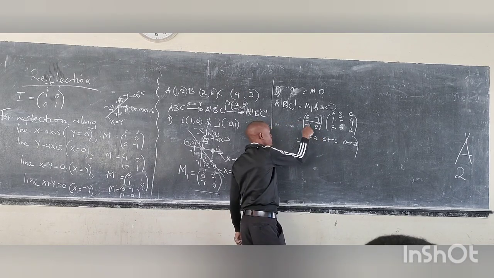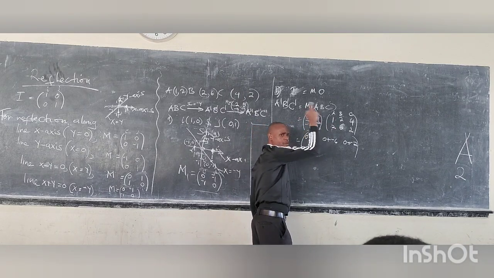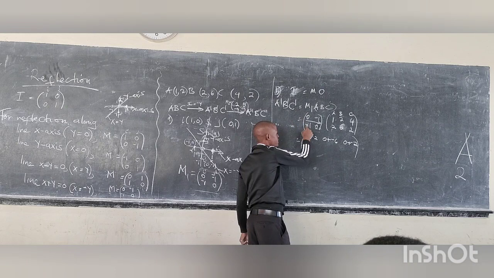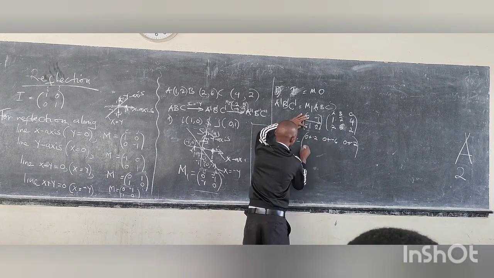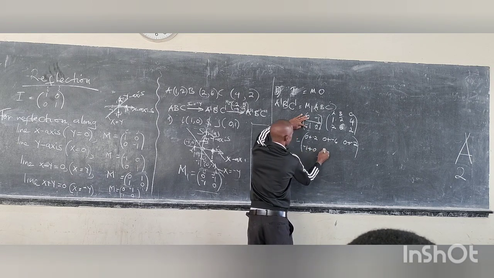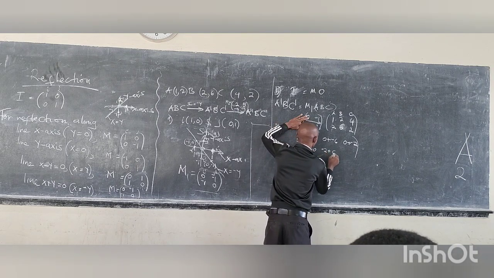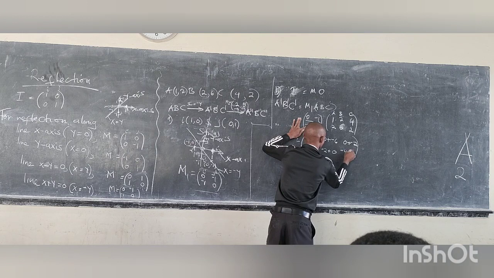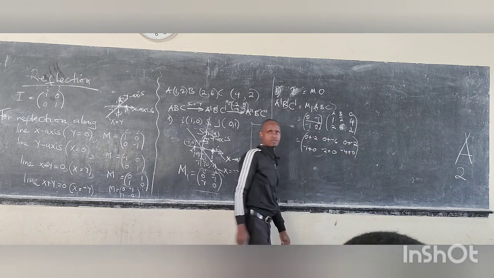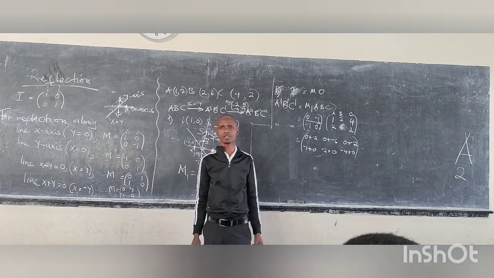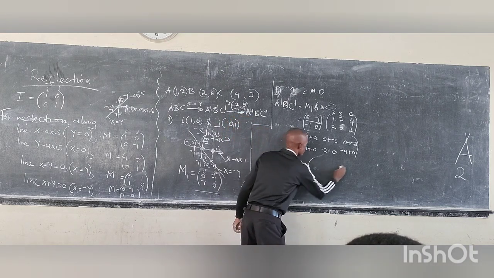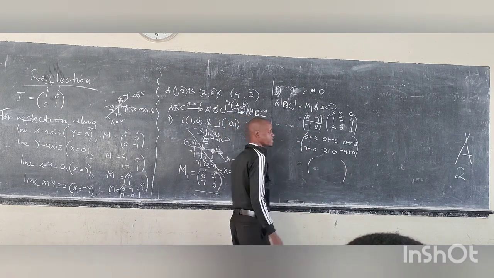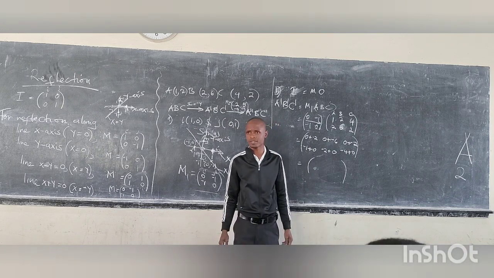Down, it is 1 times all numbers up, they remain, but they get a negative sign, plus 0. Negative 1 plus 0. Negative 2 plus 0. Negative 4 plus 0. If there is someone who has not understood, use the calculator, it's okay. But 0 plus anything, it remains.